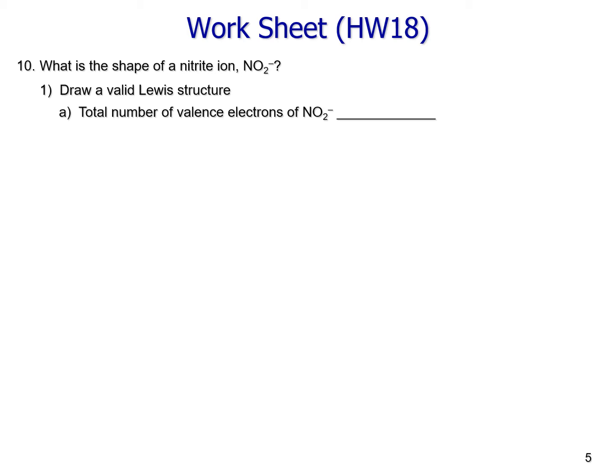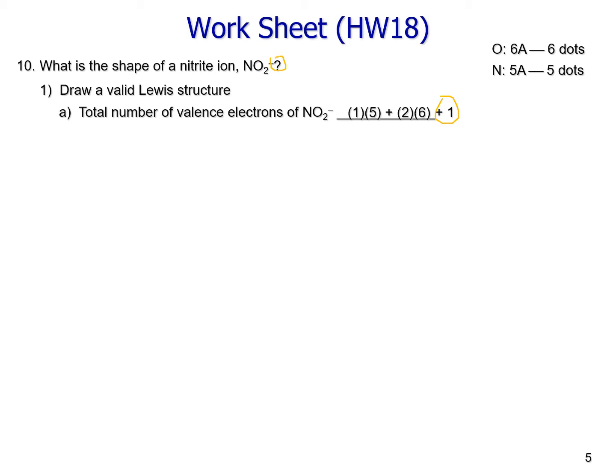Total number of valence electrons. We got nitrogen, group 5A, 5 dots, oxygen 6A, 6 dots. According to the formula, we got 1 times 5, 1 nitrogen, 5 dots, 2 oxygen, 6 dots. But here, plus 1, because there's 1 negative charge there.